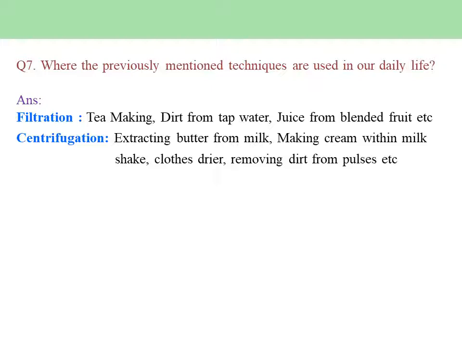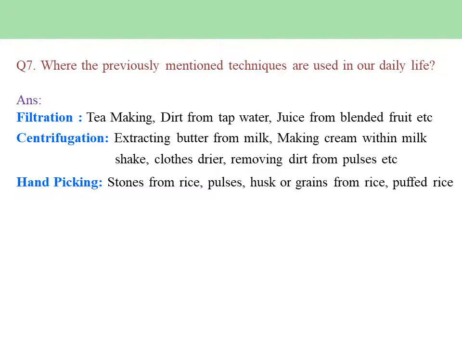That's basically some sort of dirt, and our mom or dad used to throw that out. That dirt and the foam are not suitable for us to eat. That's another centrifugation. The next, hand picking stones from rice, pulses, husk grains.